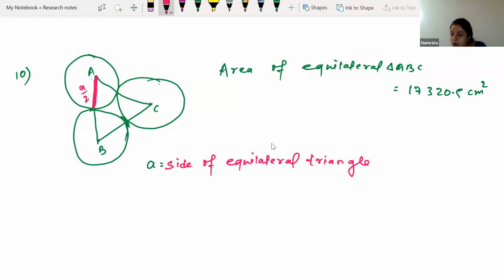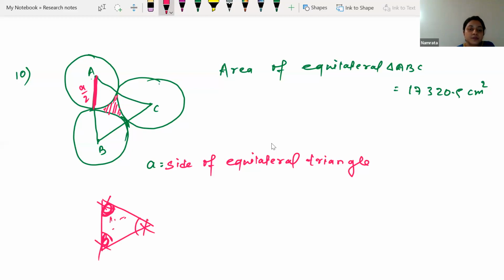Now find the area of the shaded region. Here, this one is the shaded region. To find it, can we say total area of the triangle minus this sector, this sector, and this sector? So we will be left with the middle part, right?